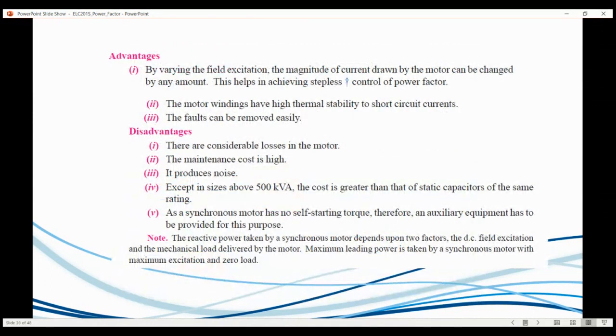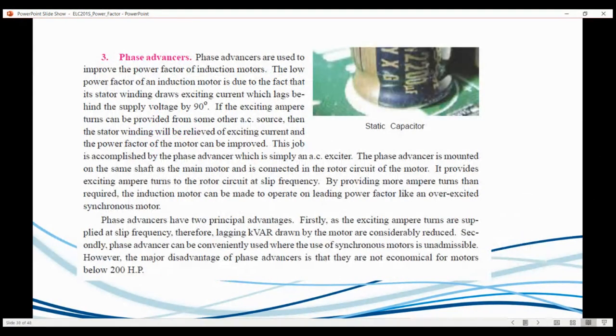There are also advantages of these. I think what's important is that obviously it produces noise compared to your static capacitors, and it has no self-starting torque, so you have to start up the motor basically. So that's worth mentioning.